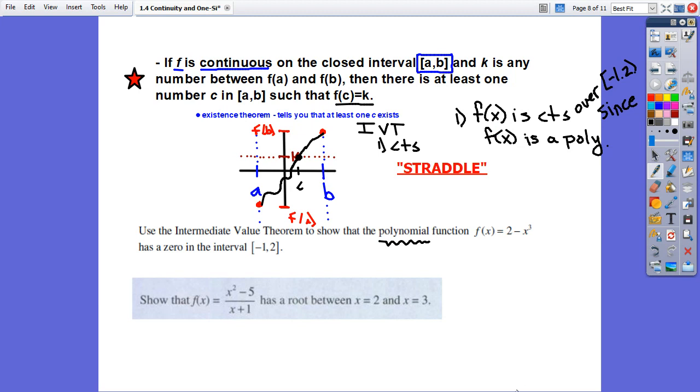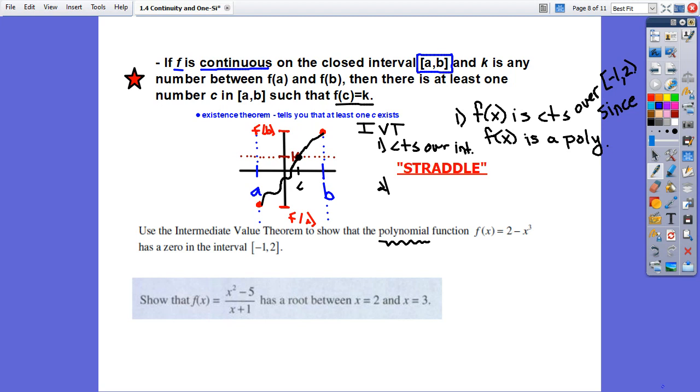So make sure it's continuous over the interval. Whatever interval they give us, we have to make sure it's continuous over that, because it may not be continuous everywhere, and that's what I said earlier. So f of x is continuous over the closed interval -1 to 2, since f of x is a polynomial, and continuous everywhere at that point.